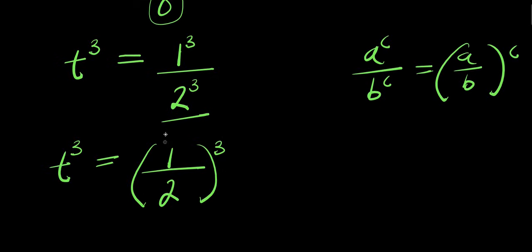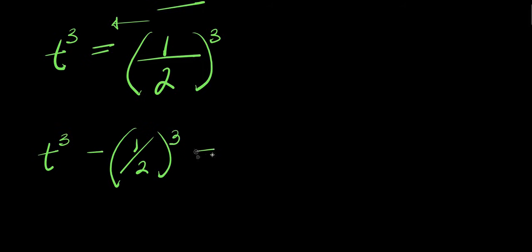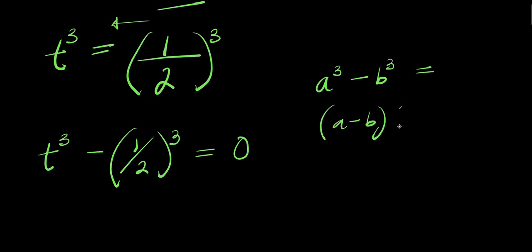So next thing to do is to move this over here and equate everything to 0. So I have t power 3 minus 1 divided by 2 to the power of 3 equals 0. Now, if you have a power 3 minus b power 3 equals a minus b times a squared plus ab plus b power 2.